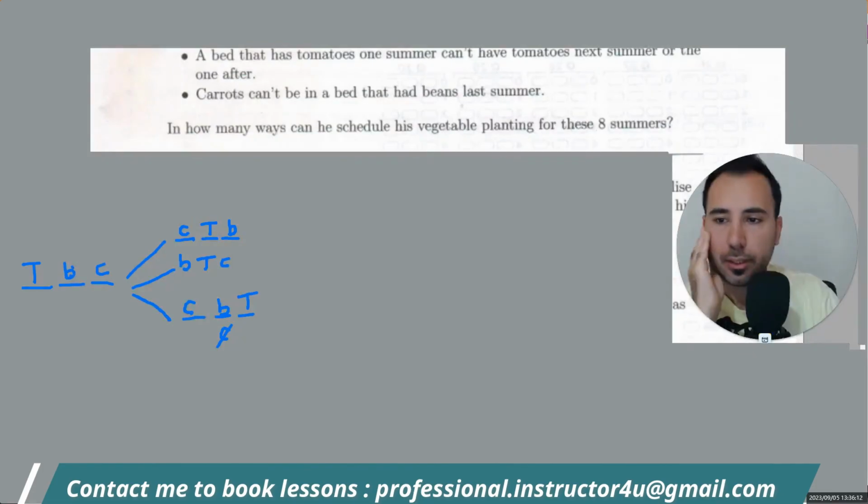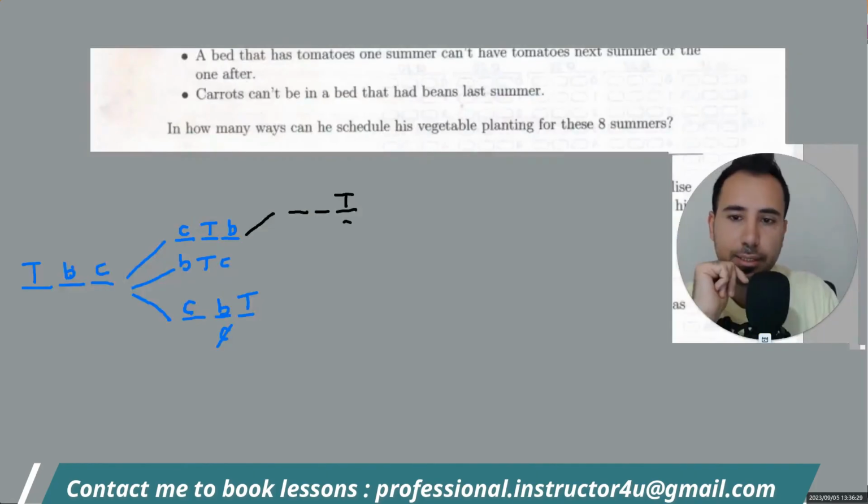Now again here, look, for the next year, for this one, T was in the first place, T was in the middle place, so T has to be in the last place. I'm going to put down T right over here. Okay, T took the place of B. So C was supposed to not be here, but who cares, right? Because it's already been taken.